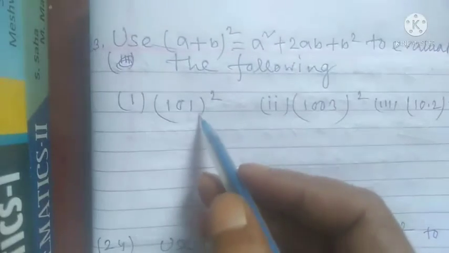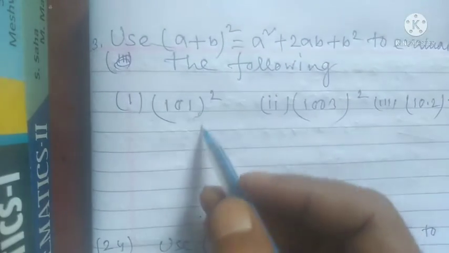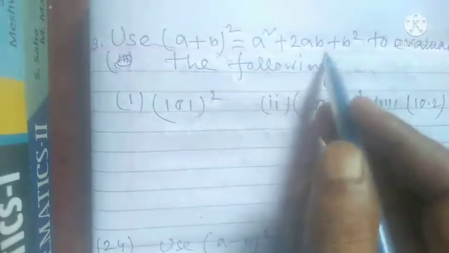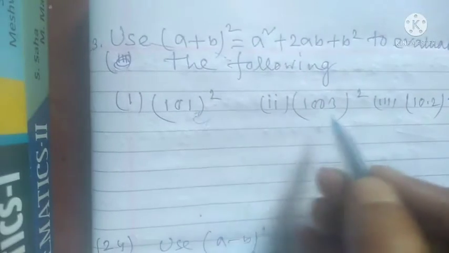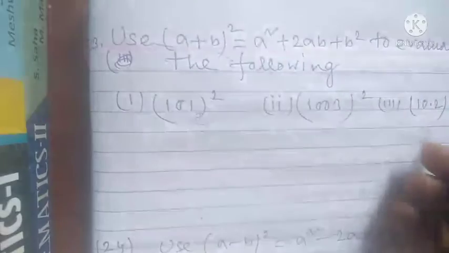Next questions in this exercise, very important questions, 23. In question number 23, there are only numerical values, but you have to apply this formula: 101 whole square, 1003 whole square, and 10.2 whole square.